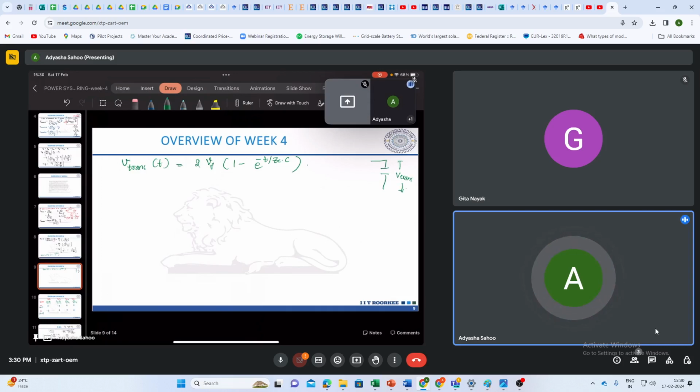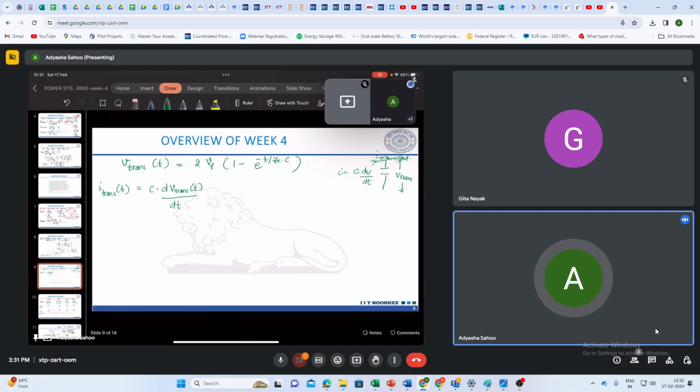So what will be the current flowing through this capacitor? For a capacitor we know the relation is I is C dV by dt, right? So I transmitted of t is C dV transmitted by dt.